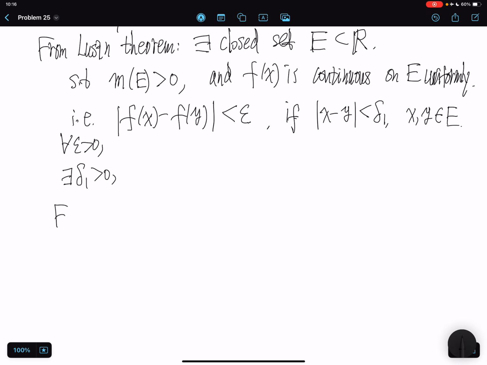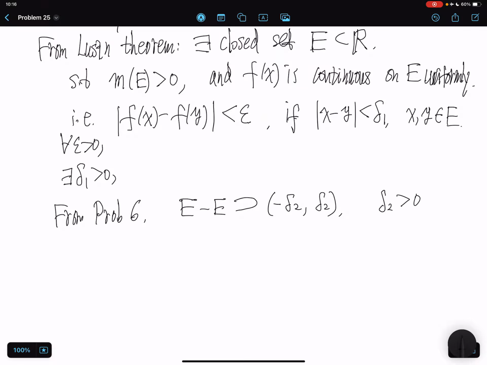Now from our previous problem, I think it is problem 6, we know this E minus E contains an open interval centered at 0, contained in some minus delta 2 to delta 2, where delta 2 is greater than 0, right?